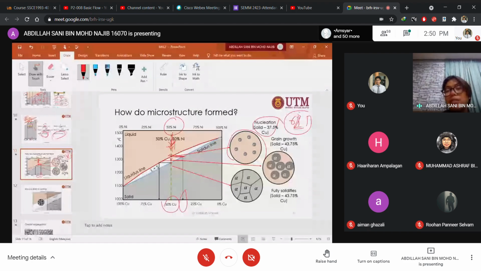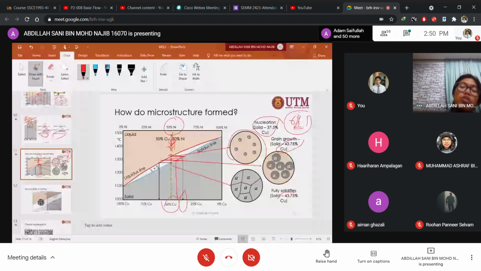Okay. For this 43, if you draw this tie line, you can see that it drops here. Somehow the copper content has increased compared to the first nucleation.